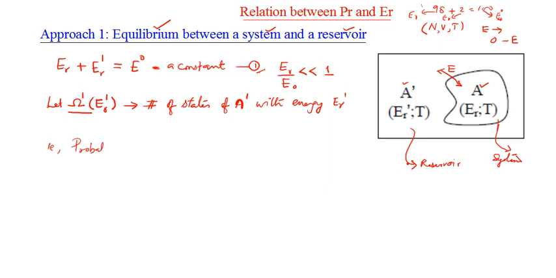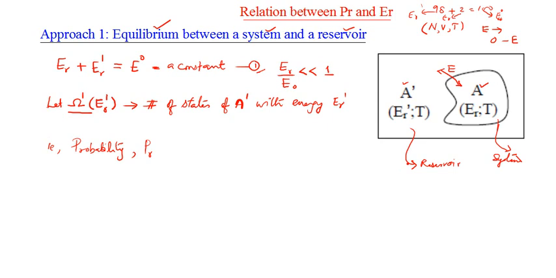So this is a very important thing, that is the probability. I'm writing PR. See that I'm not writing PR prime, I'm writing PR. What is PR? PR is the probability that the system attains a microstate having energy ER.